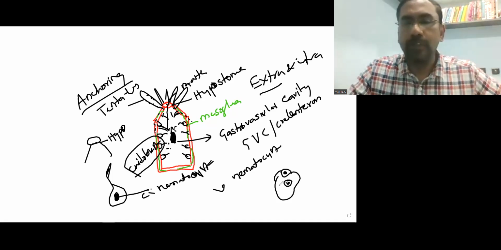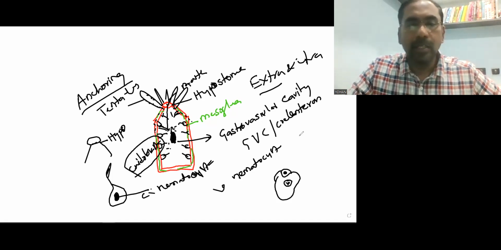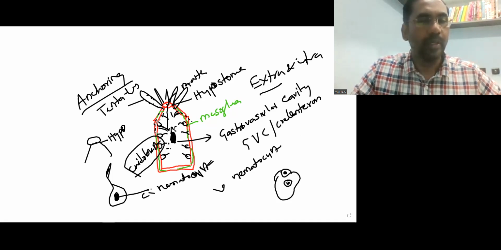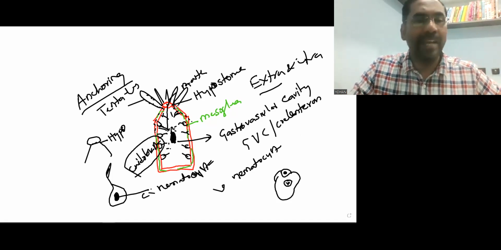Now look at this. This is hydra, having two layers, ectoderm and endoderm. Endoderm has flagellated cells. Now the layer encloses a cavity.